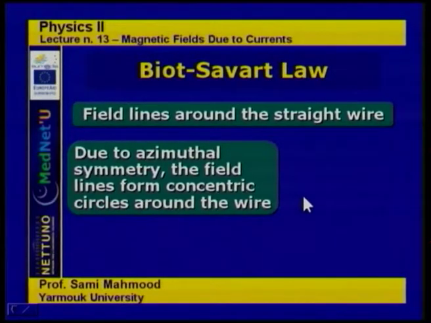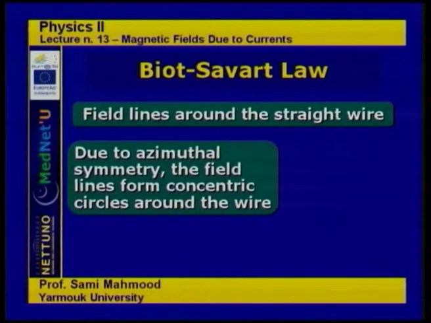Now, we know that around the wire, due to the symmetry of the shape of the straight wire, there's azimuthal symmetry, meaning at a distance r from the wire, it doesn't matter where we are around the wire.